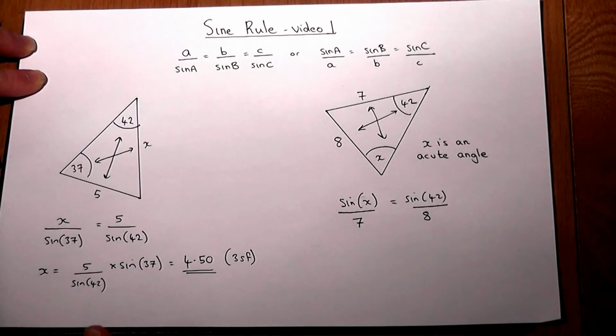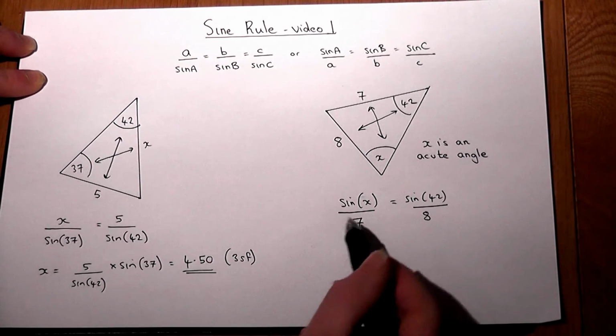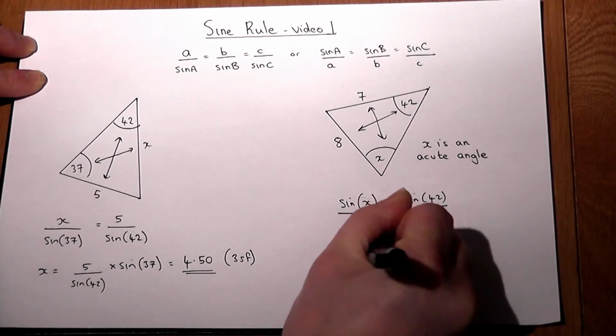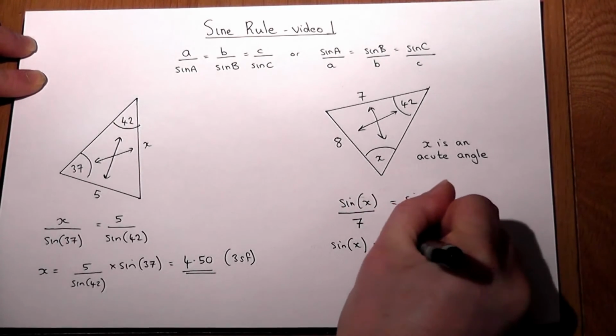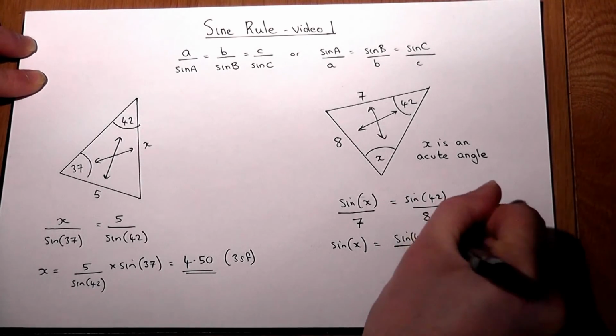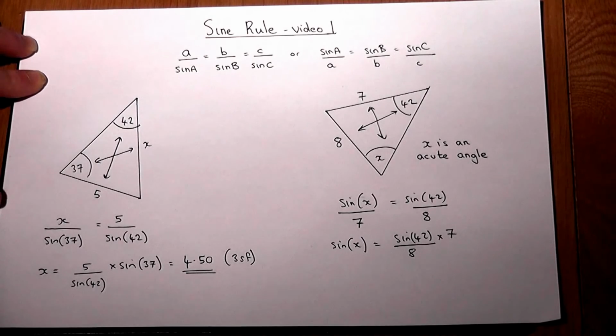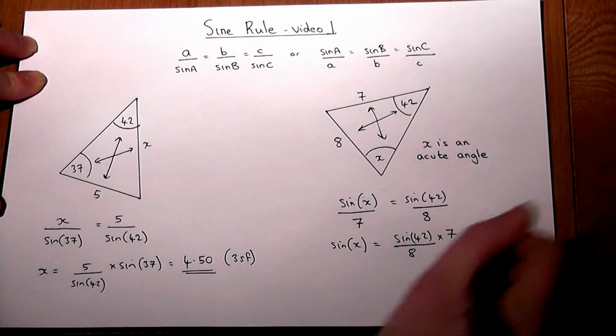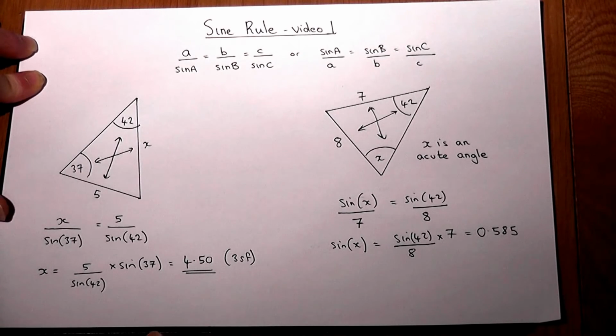Now to solve this equation requires 2 steps. We first of all must times up by the 7. So this tells us that sine of x is sine 42 over 8 times by 7, which works out at 0.585 to 3 decimal places.